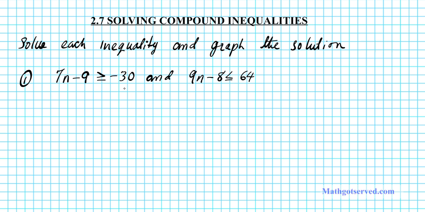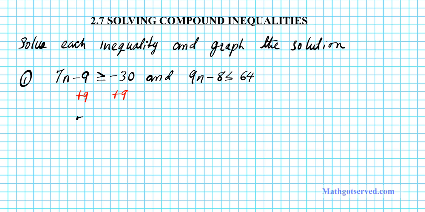Let's shift our attention to the inequality on the left. We'll solve it like a typical linear inequality. Our goal is to isolate n. To accomplish that, we're going to add 9 to both sides and divide by 7. Add 9 to both sides.